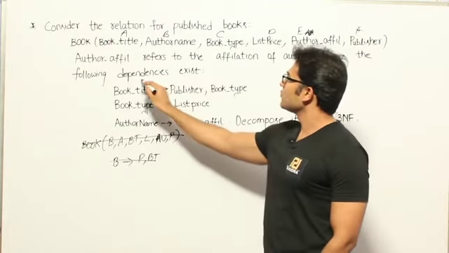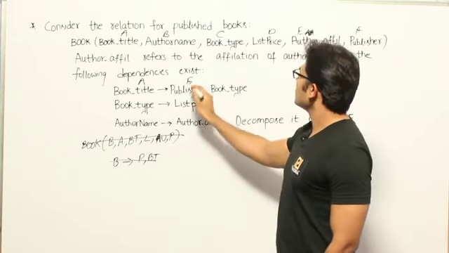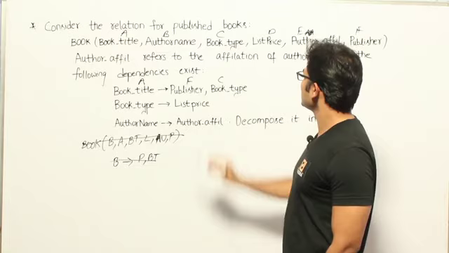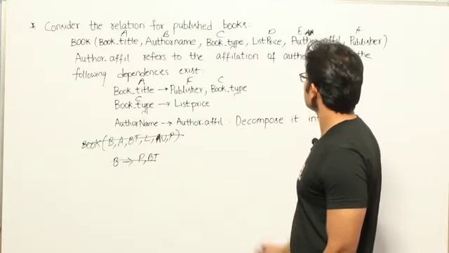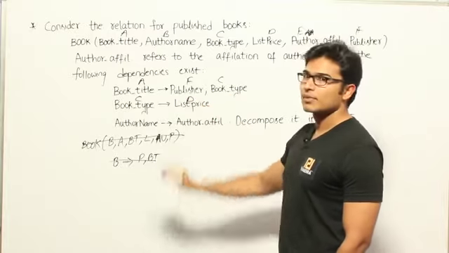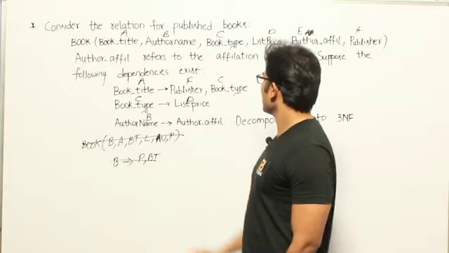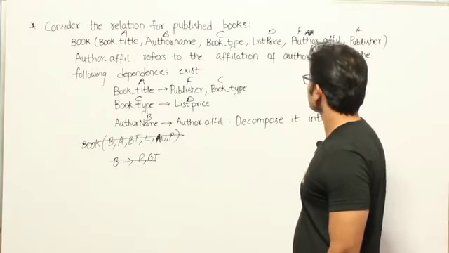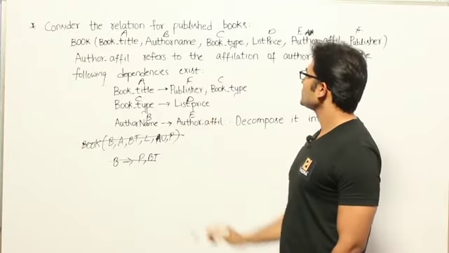Book title is A, publisher is F, and book type is C. Similarly, book type is C and list price is D. And author name is B, and author FL is E. Got it? So now what is the table?